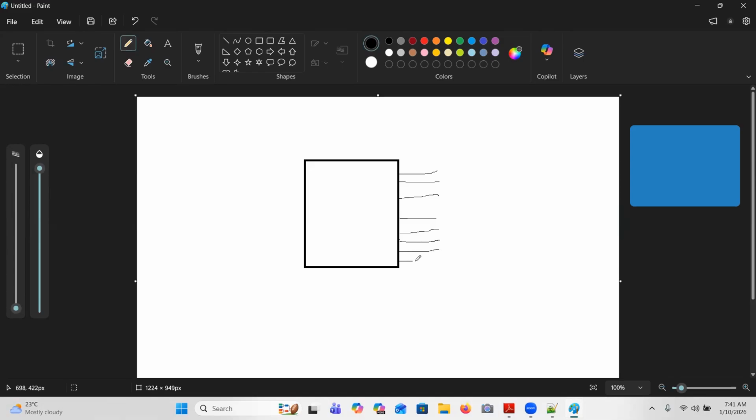Let us say I have a voltage pulse, a 5-volt voltage pulse, and I give that to this pin.